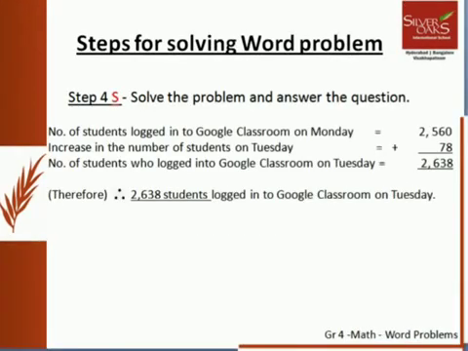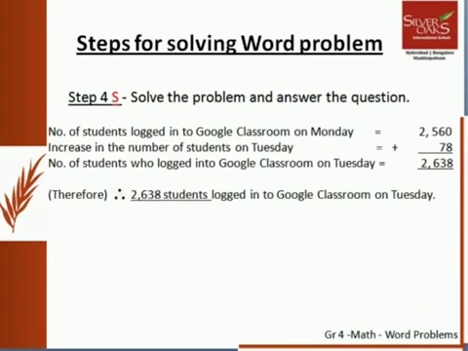Step 4. S. Solve the problem and answer the question. Now it's the turn to write the statements and organize the statements and calculations in a proper order. The statements should be written as follows. Statement number 1. Number of students logged into Google Classroom on Monday is equal to 2560.